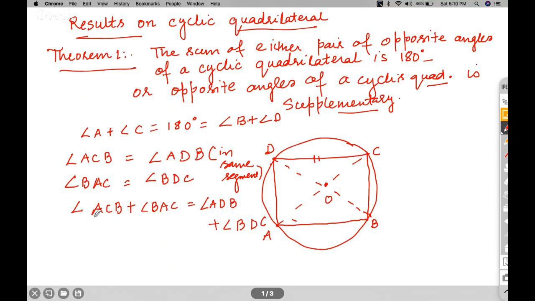Now angle ACB, this angle, and angle BAC, this angle, is equal to angle ADC. So angle ACB plus angle BAC is equal to angle ADC.